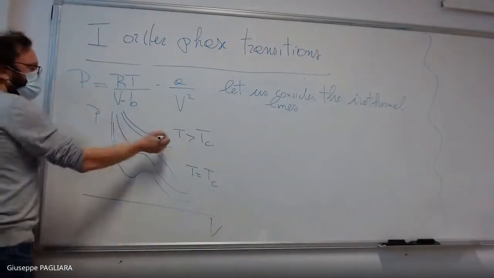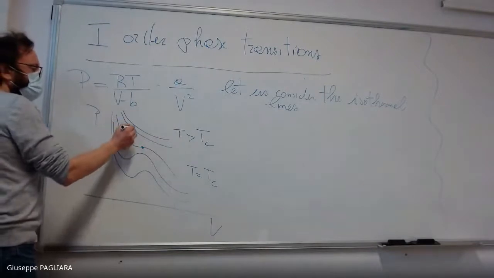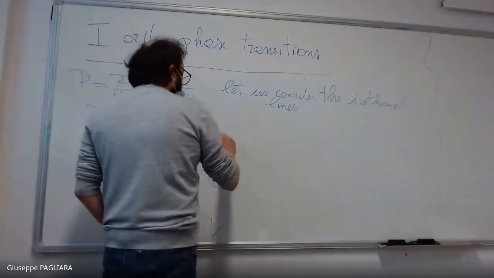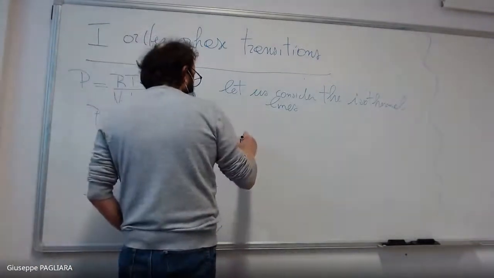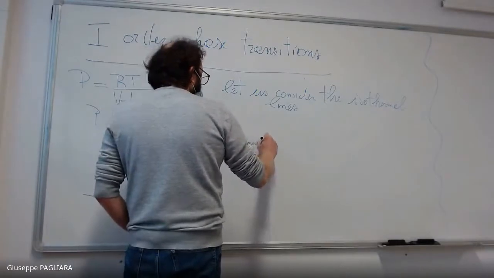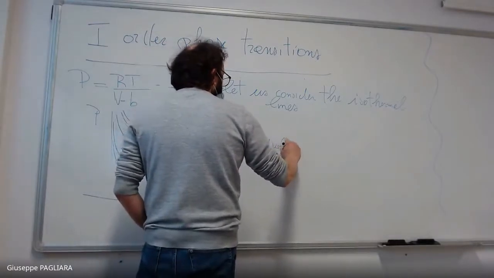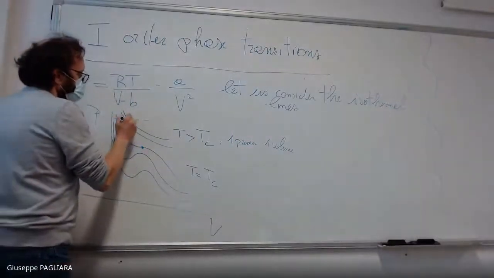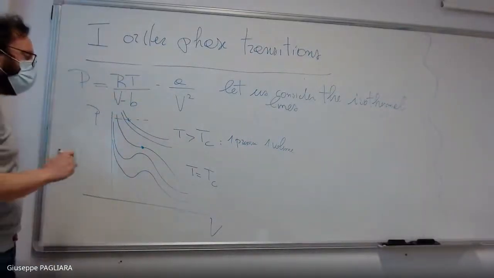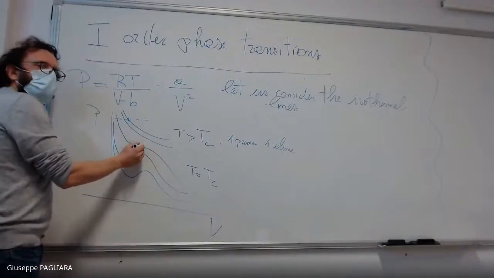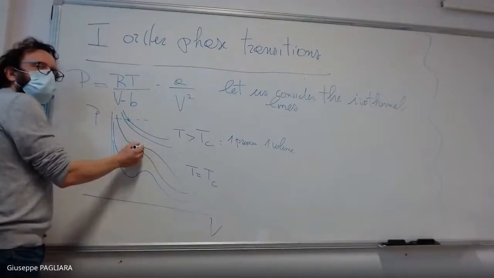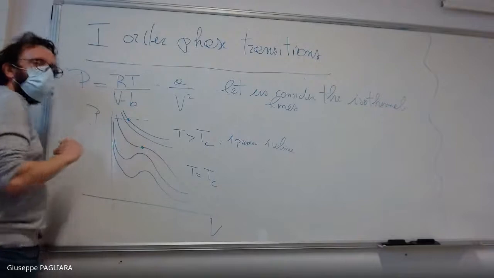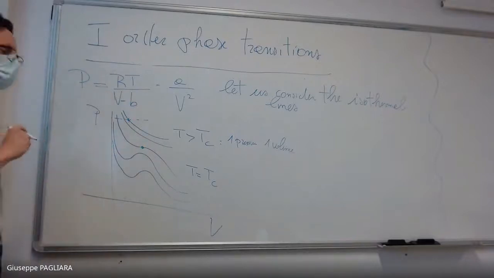So here, for T larger than Tc, we have one pressure, one volume. Here, for instance. And this holds true down to T equal to Tc. For each value of the pressure, you just have one value of the volume.